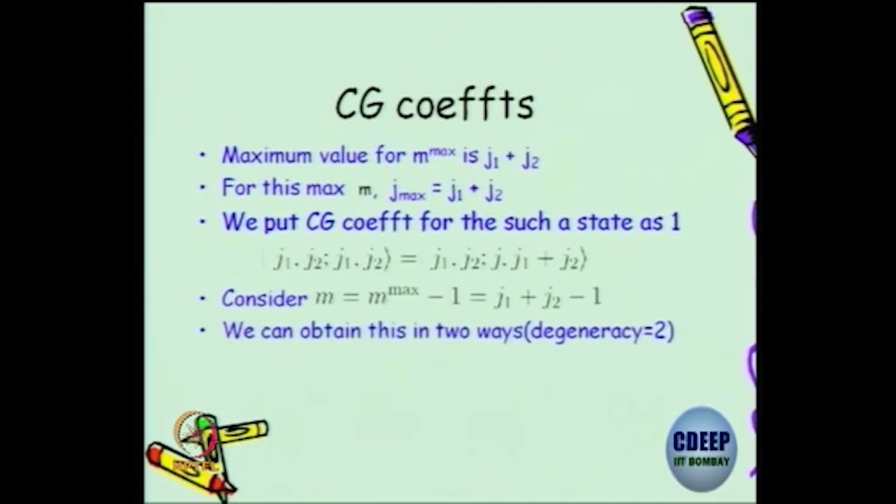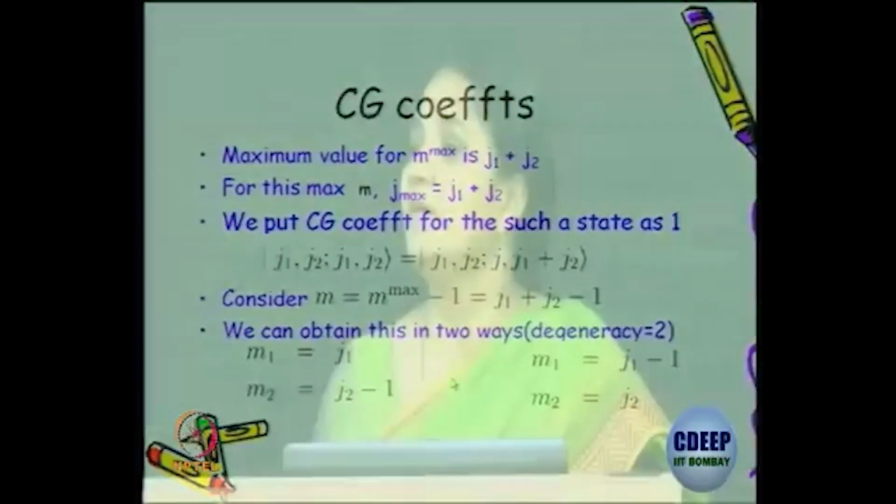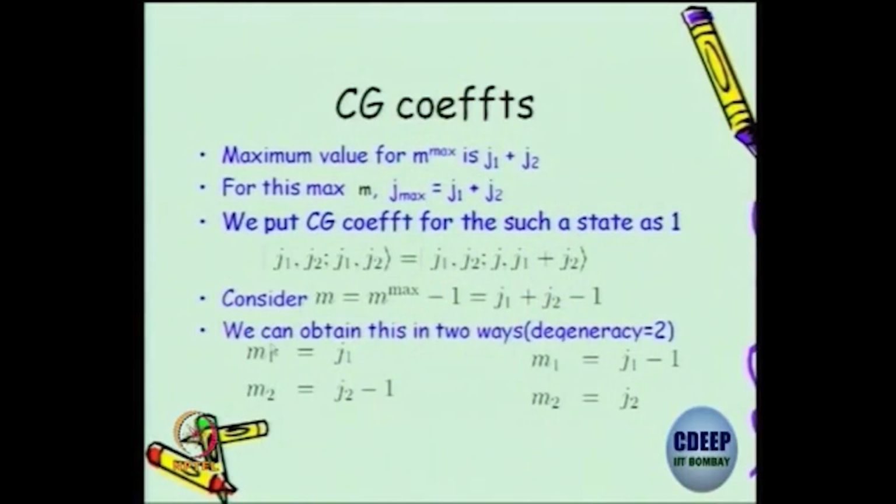So we can obtain this in two ways. What is the first way? In the uncoupled basis, if you take M1 to be J1 and M2 to be J2 minus 1, that is one way. To get a specific M, M has to be M1 plus M2, so M has to be J1 plus J2 minus 1.